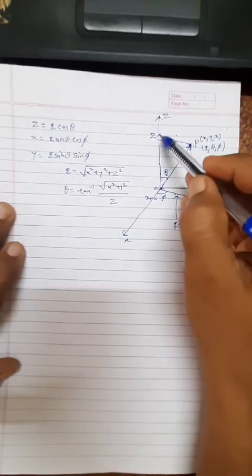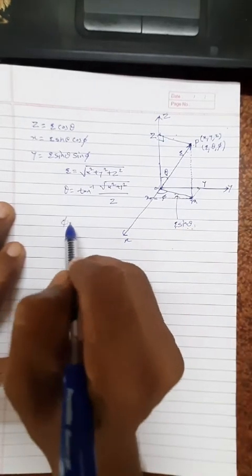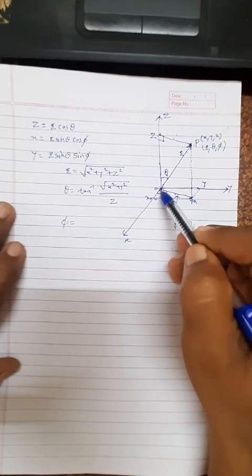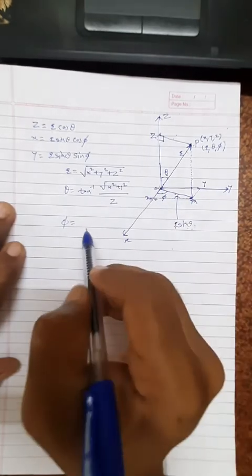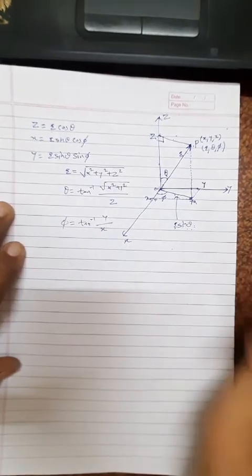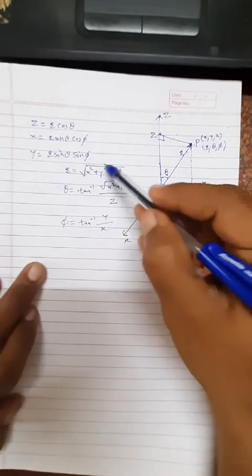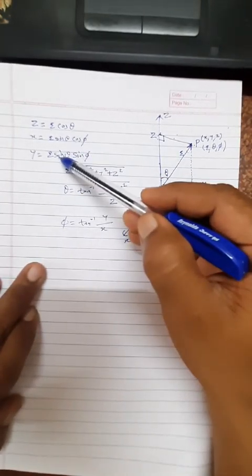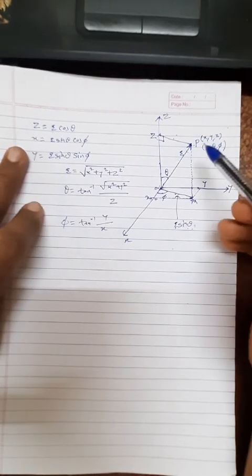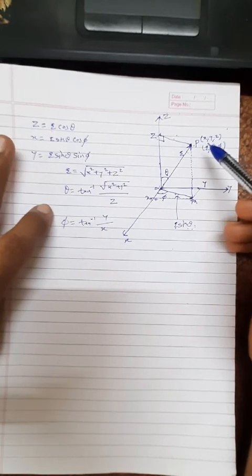And for phi it is a bit simple. If this is phi, then opposite side is y, adjacent side is x. Therefore, phi can be written as tan inverse of y upon x. Now these equations can be derived using these equations too. These are the transformation equations from the Cartesian coordinate to polar coordinate and polar coordinate to Cartesian coordinate.